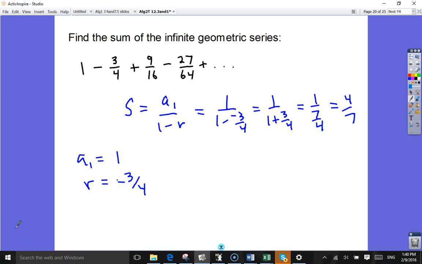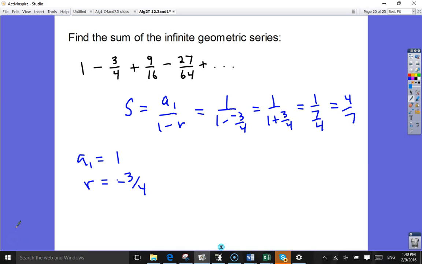You could see it. The R was -3/4. Just divide the second term by the first, -3/4. So that's all you've got to put into this formula. Remember, there's a minus there, but the R was negative, so you have to make that a plus. 1 plus 3/4 is 7/4. So 1 over 7/4 is 4/7.